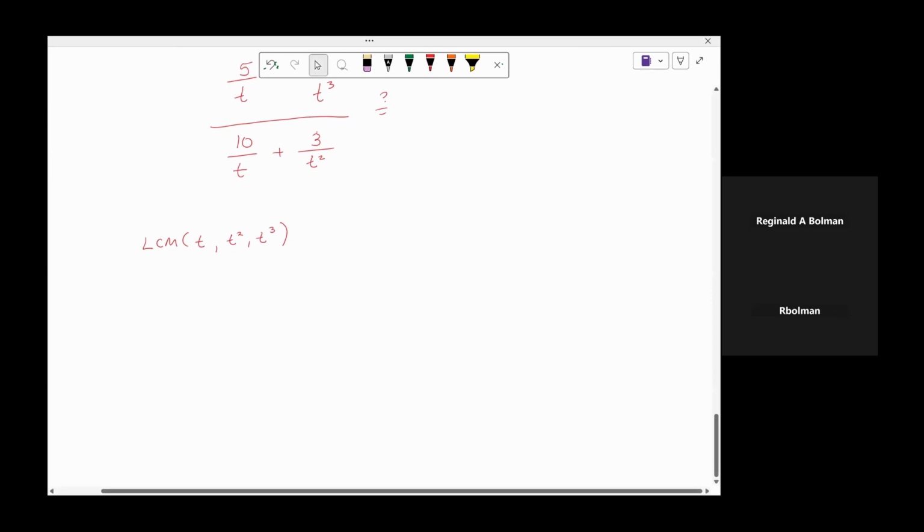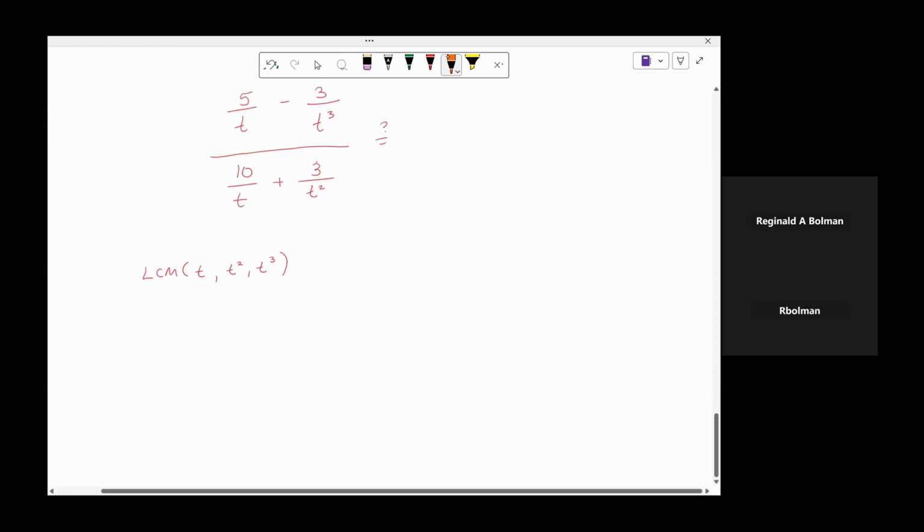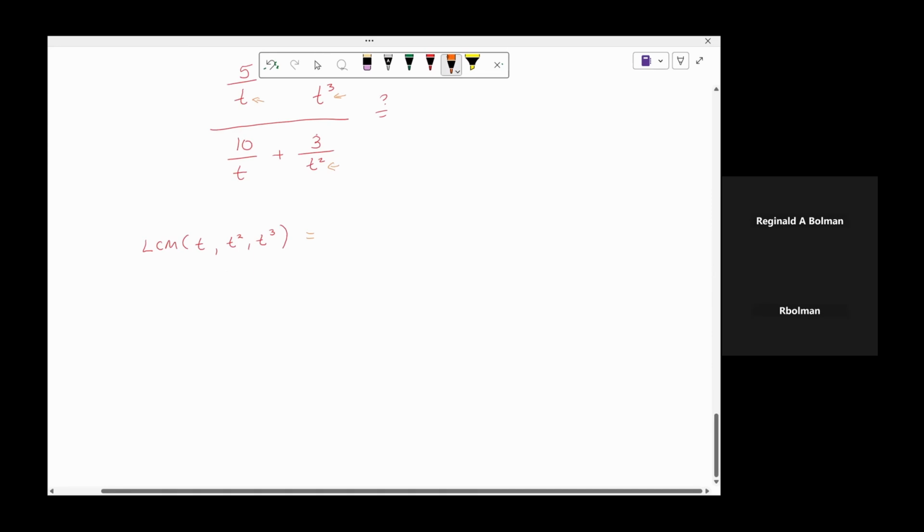But if you look at the LCM of just the terms in your denominator, so you've got a t here, a t cubed here, and a t squared here, you'll see that for t, well, that's just t. For t squared, you've got a t times t. For t cubed, you've got a t times t times t. And so if you calculated your LCM or your LCD, what you'll find is we've got a t in common, and we've got some t's left over.